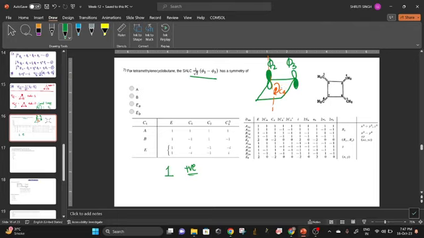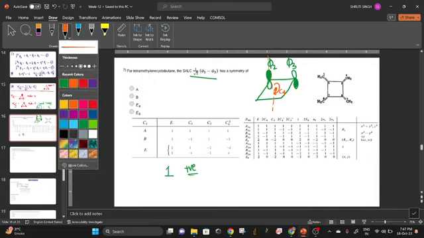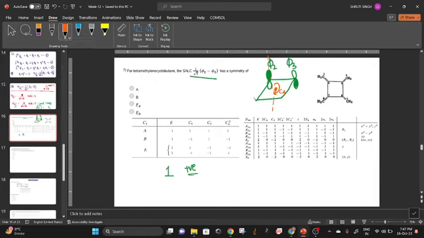Yeah, simply they will come from. So here after applying C2, what will happen? We will get phi 3 here and phi 2 here.